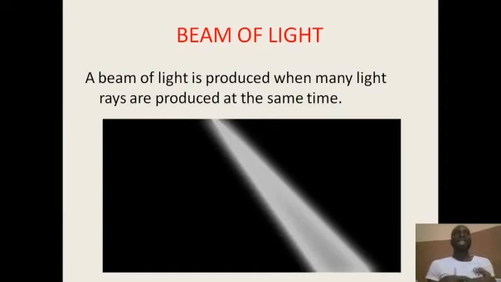But as far as there is space, remember I told you that this light moves at a speed of 3.0 times 10 raised to power 8 meters per second, or what we call 300,000 kilometers per second.